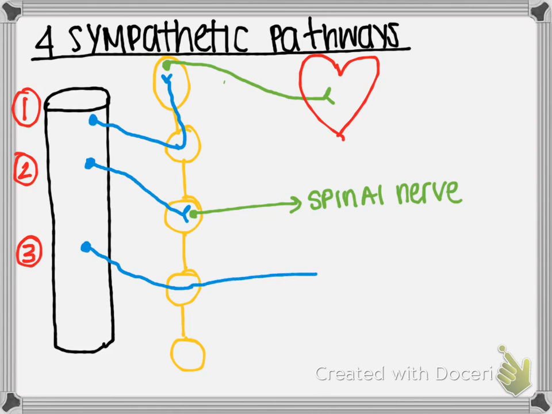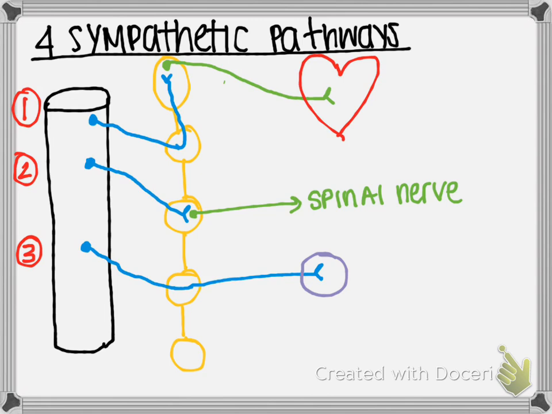It continues until it reaches a structure called the prevertebral ganglia, which I'll do in a different color than purple. Okay, so the prevertebral ganglia is where the preganglionic axon is going to synapse.